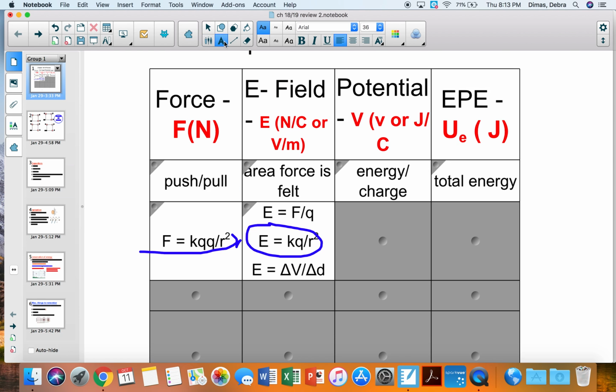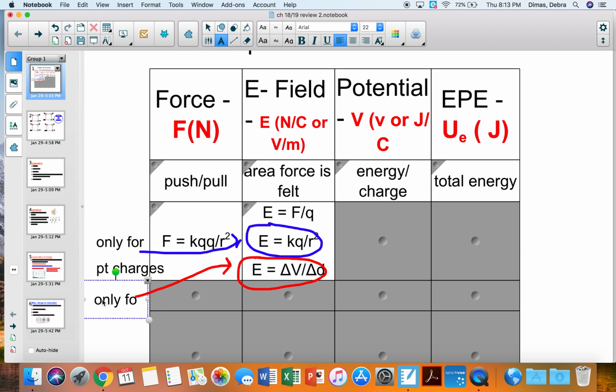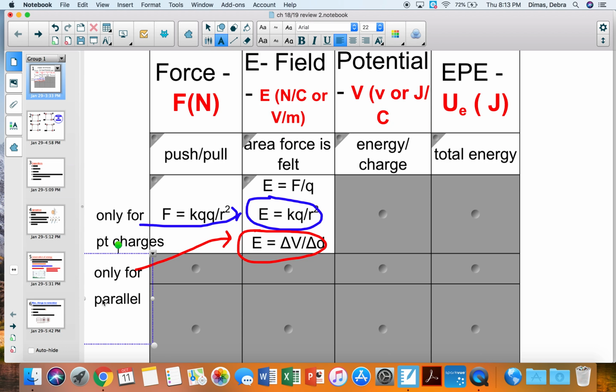All right, so this is only for point charges. Don't use it any other time, only for point charges. Now this one right here, that one we only use for parallel plates. So don't use it any other time. Only for parallel plates.